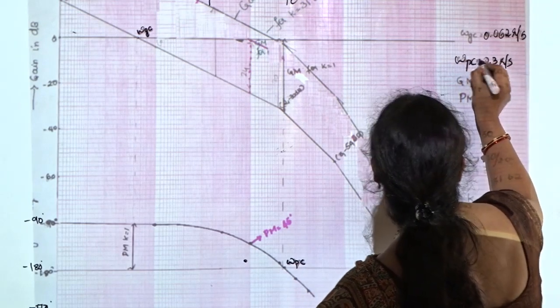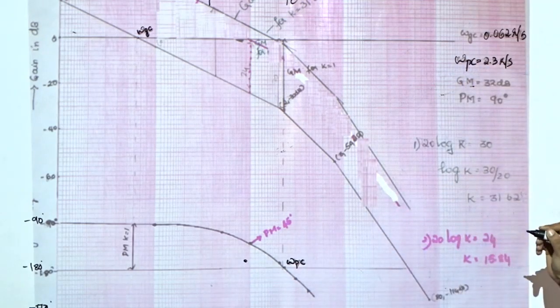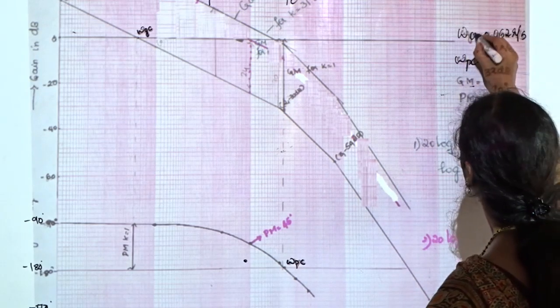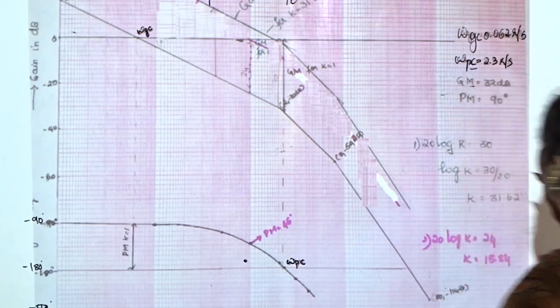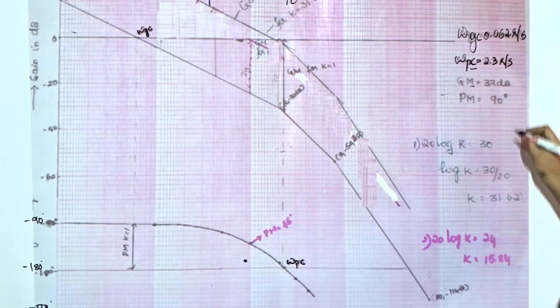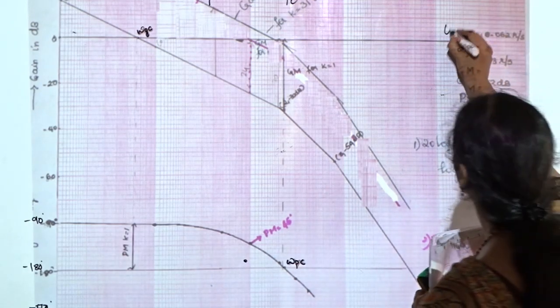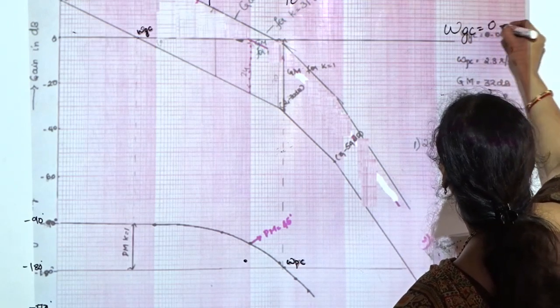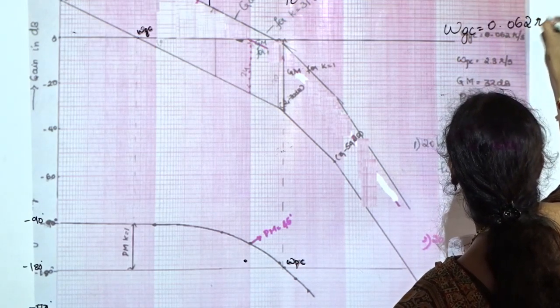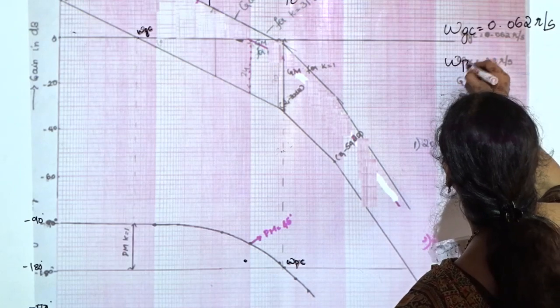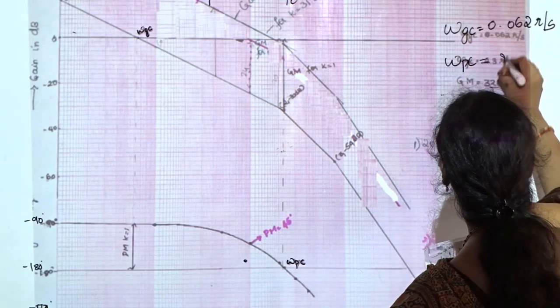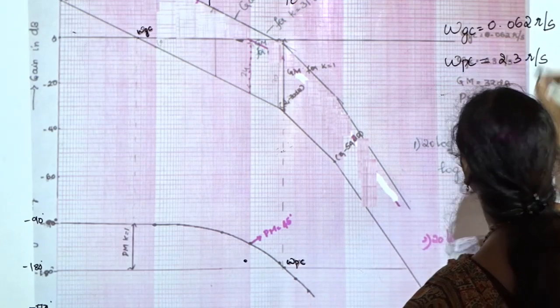So omega PC, the phase crossover, is 2.3 radians per second, and the gain crossover omega GC is 0.062 radians per second.